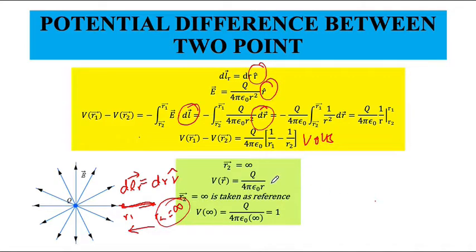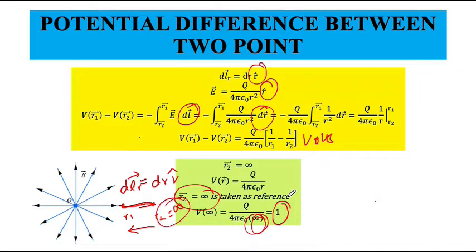Okay, so the potential at r, which is measured from the origin, is given by q by 4 pi epsilon naught r. Take the value of r equal to infinity; R2 is taken as infinity. So you see, if I take V of infinity, it is q by infinity, which will be 0.